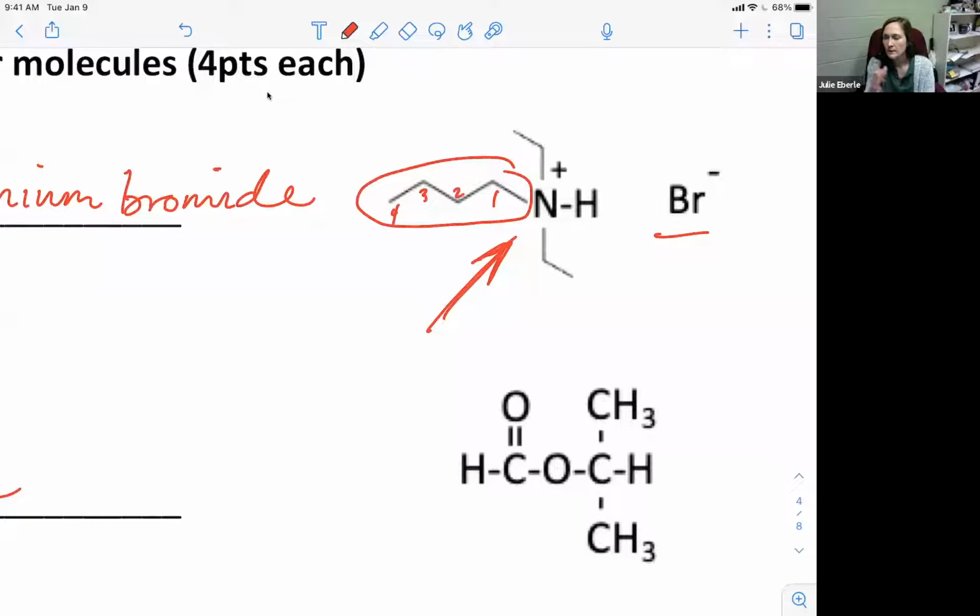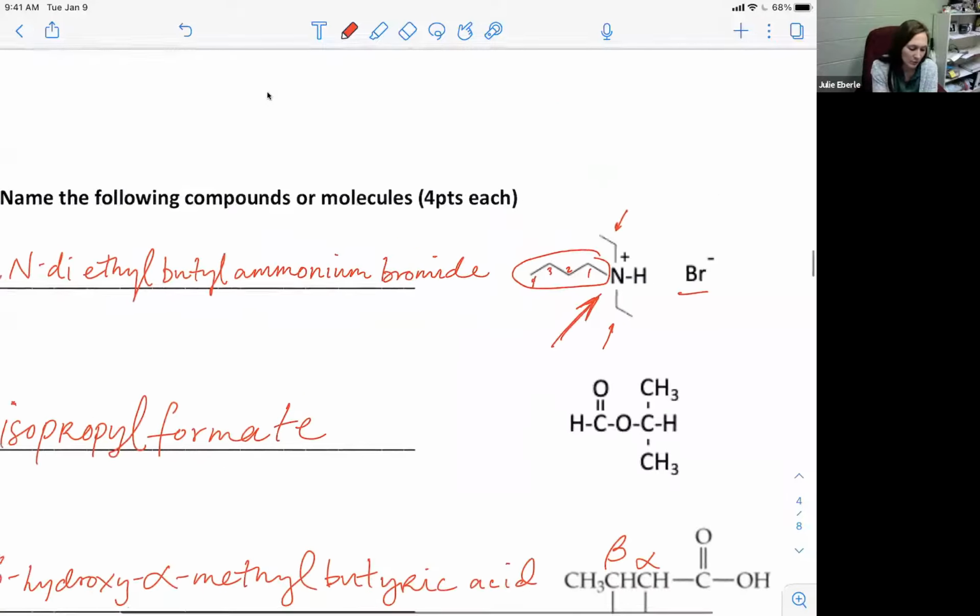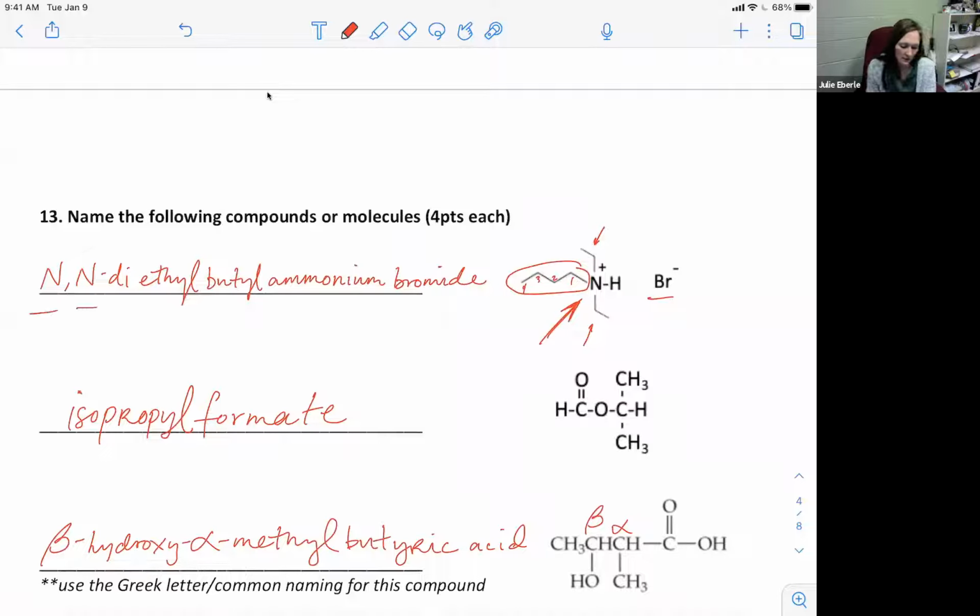So it'll be something, something butyl ammonium bromide. And then right here, we got 2 ethyl groups. So this is N,N-diethyl. Some people forgot to put 2 N's, but I really didn't take off maybe half a point for that. N,N-diethylbutylammonium bromide. That's a monster of a name, I know, but that's what it is.